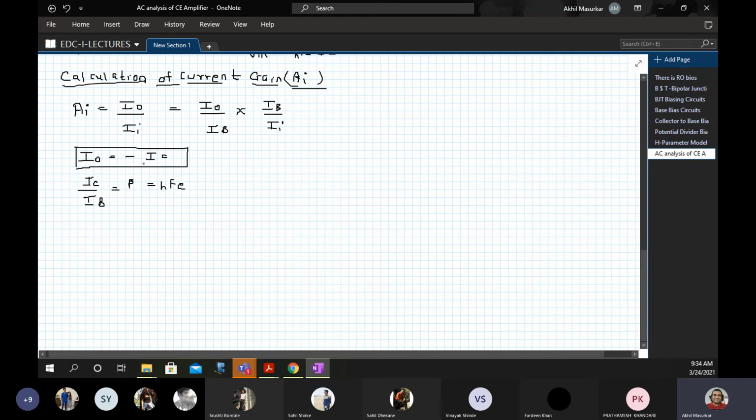So from here, if this is my equation 1 and this is equation 2, instead of I naught I can write AI as minus IC upon IB into IB upon II, and this IC upon IB we can write as HFE.